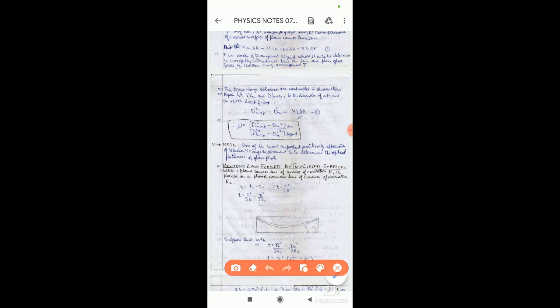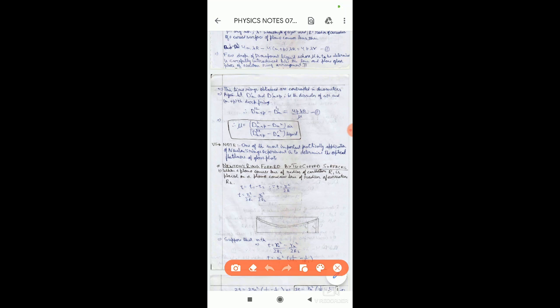Again, let D'_n and D'_(n+p) be the diameters of the nth and (n+p)th dark rings. So now we get the difference between them, D'²_(n+p) minus D'_n² = 4pλR upon μ.